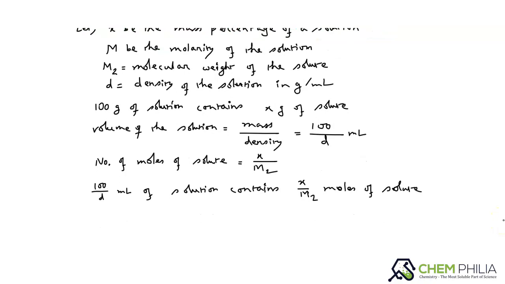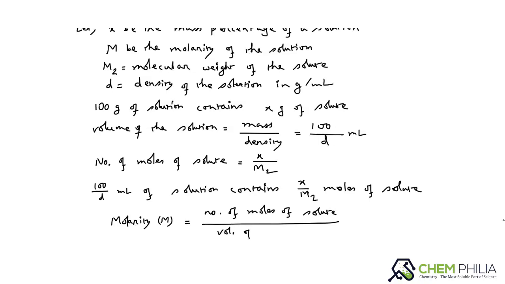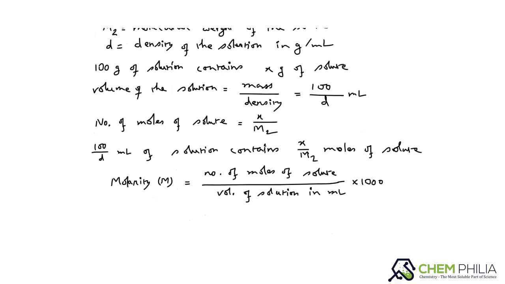So volume we have got, number of moles we have got. So molarity is, you know, the number of moles of solute upon volume of solution in ml multiplied by 1000.